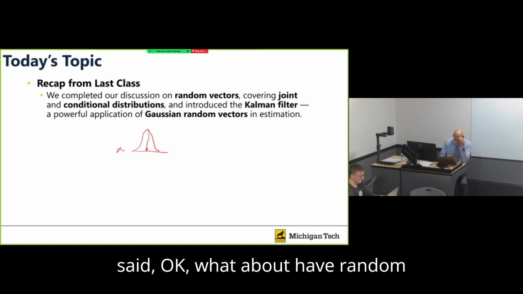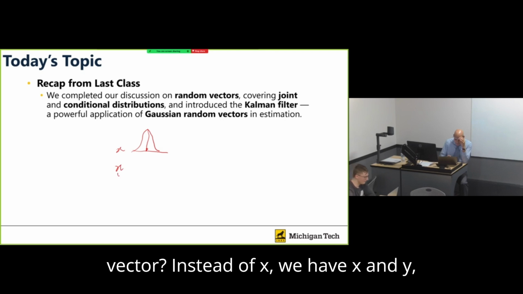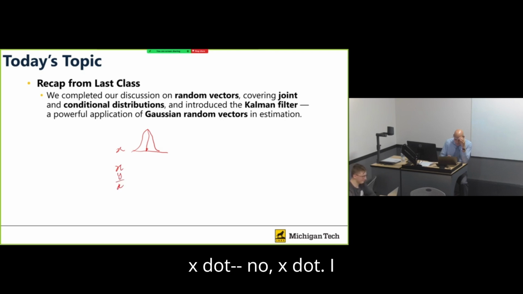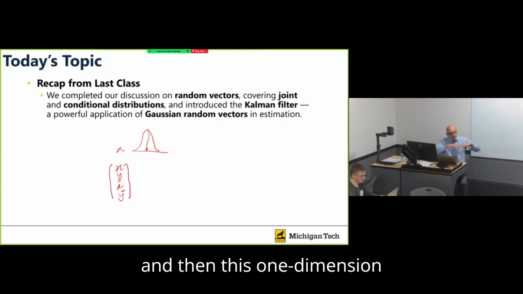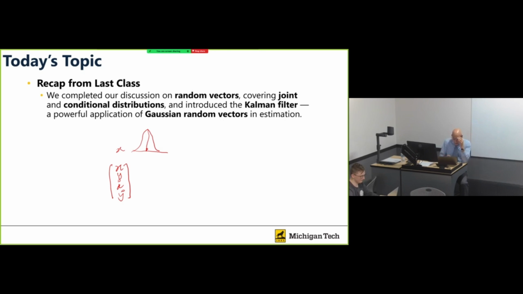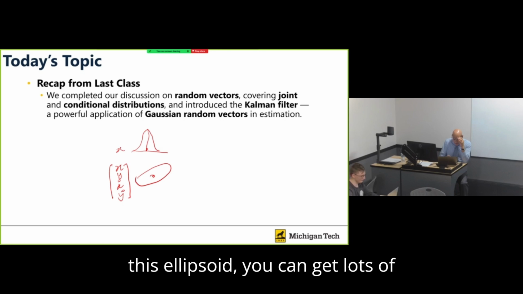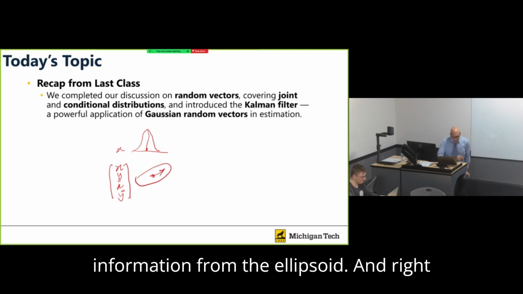Then we said, what about a random vector? Instead of x, we have x and y, velocity x dot and y dot. That becomes a vector, and then this one-dimensional curve becomes an ellipsoid. And from this ellipsoid, you can get lots of information.